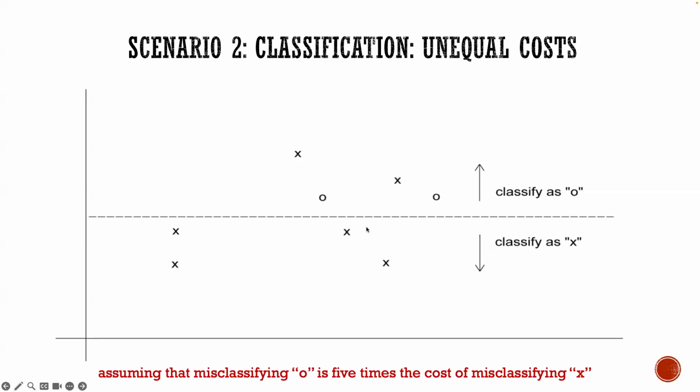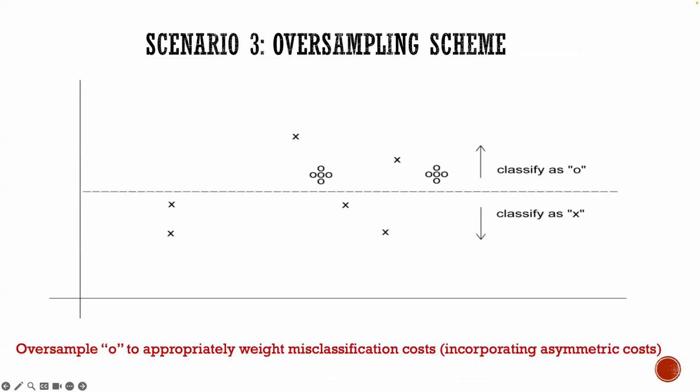It'll classify the two O's correctly as O's, but in doing so, it also classifies these two X's as O's, which is incorrect, and it classifies these X's as X. This would be a situation where we ensure that the important class is correctly classified, even though we have classified these X's also as O, which is an error here. But depending on the context, that is important.